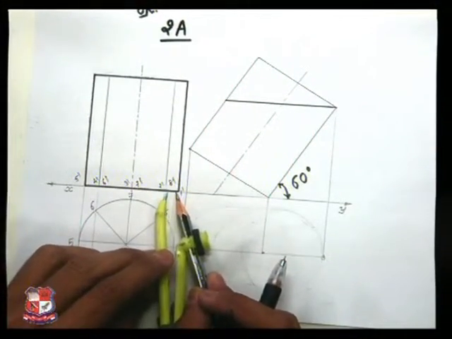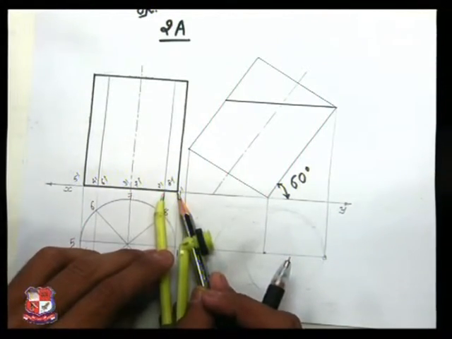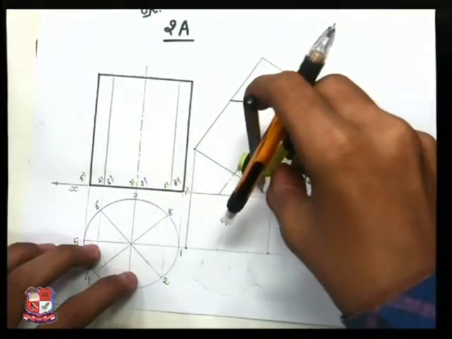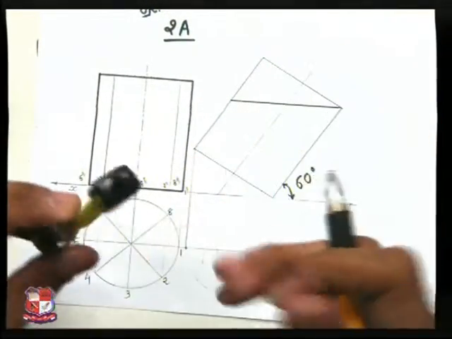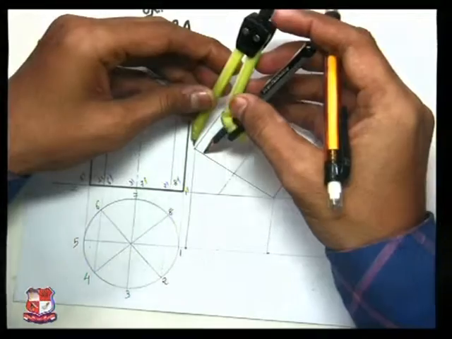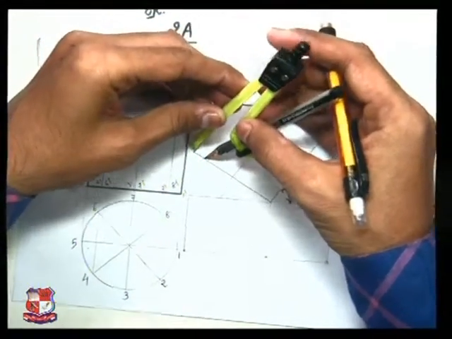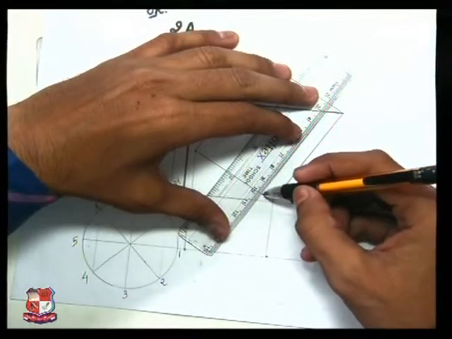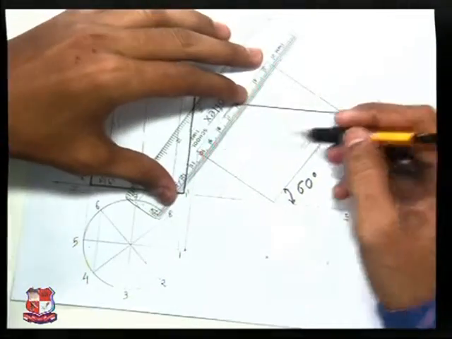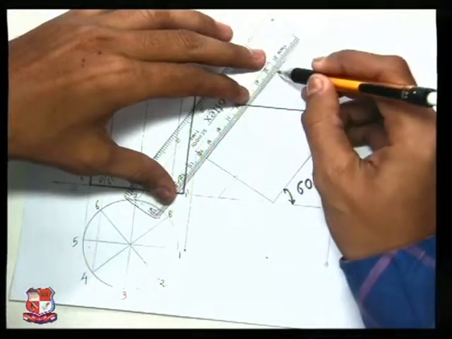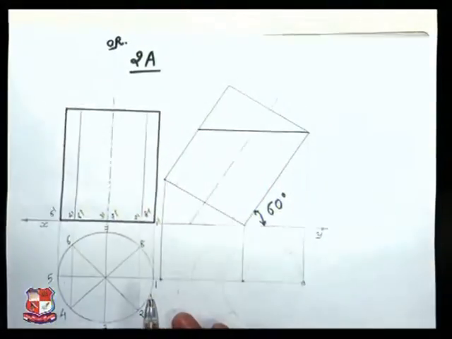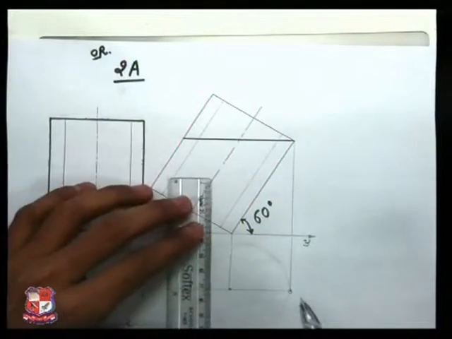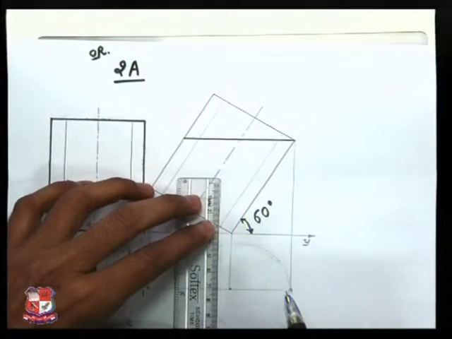This is the distance, and transfer this distance over here to have point number 2 and 8. Similarly, to have point number 4 and 6, you can transfer the same distance over here like this. And from all these points, draw lines to show the imaginary generators over the outside surface of the cylinder like this.